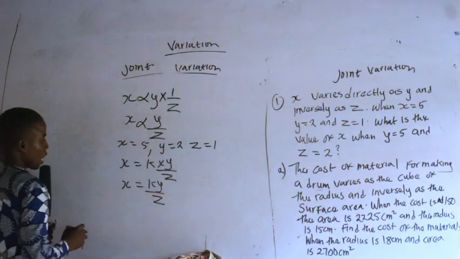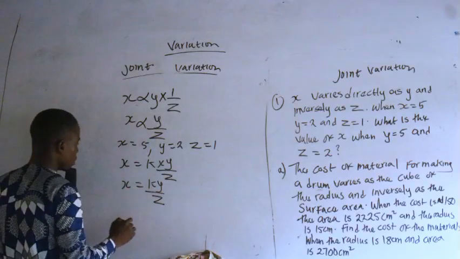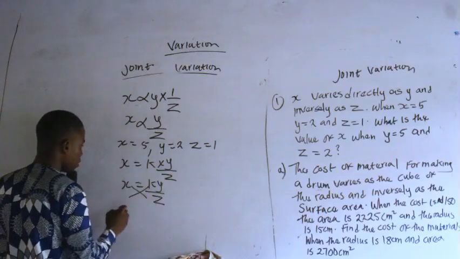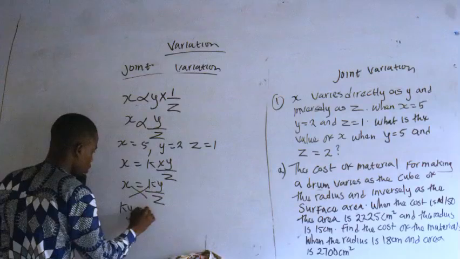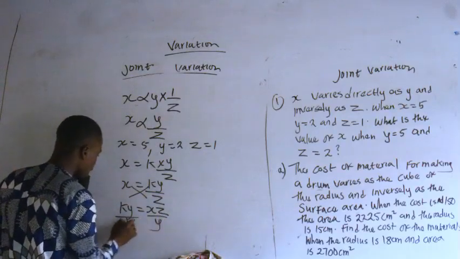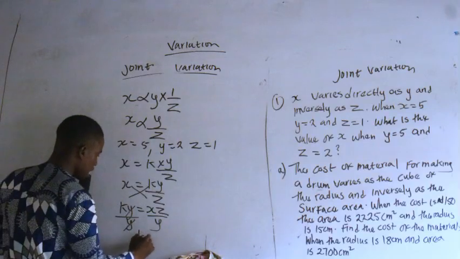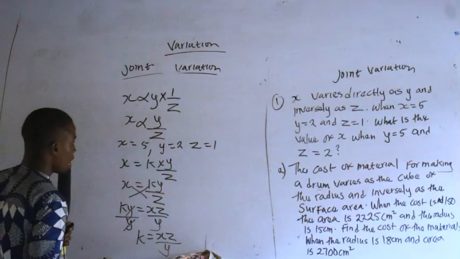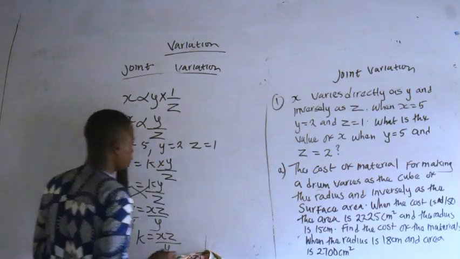Now we want to make K the subject of the formula by cross multiplying. Cross multiply will be KY equals XZ. Y over Y cancels. Our K equals XZ all over Y.